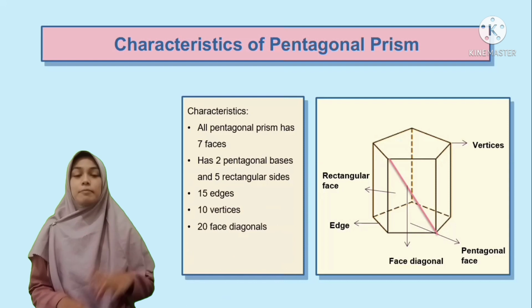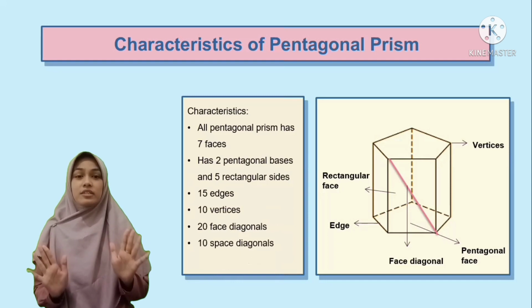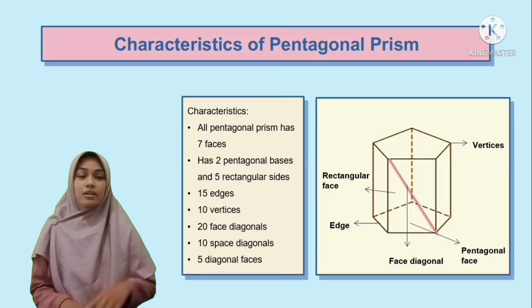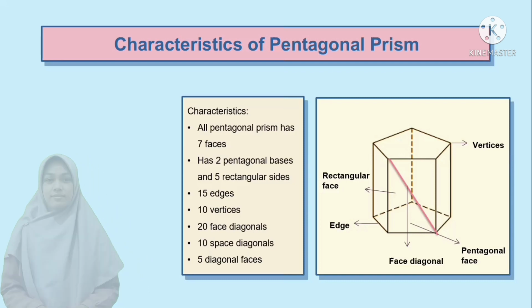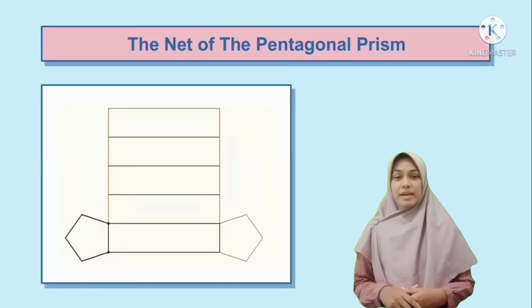The fifth, 20 face diagonals. The sixth, 10 space diagonals. And the last, 5 diagonal faces. This is the net of the pentagonal prism.